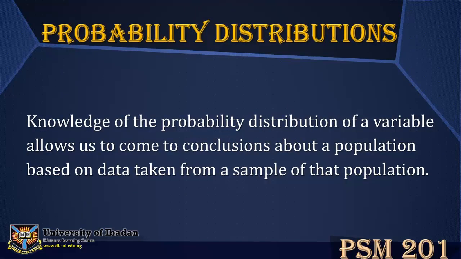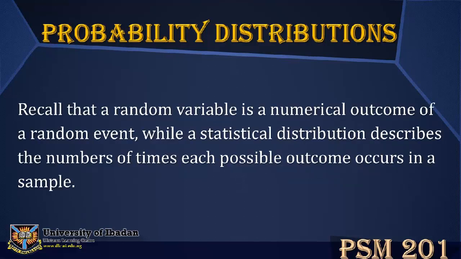Probability distributions. Knowledge of the probability distribution of a variable allows us to come to conclusions about a population based on data taken from a sample of that population. Recall that a random variable is a numerical outcome of a random event, while a statistical distribution describes the number of times each possible outcome occurs in a sample.